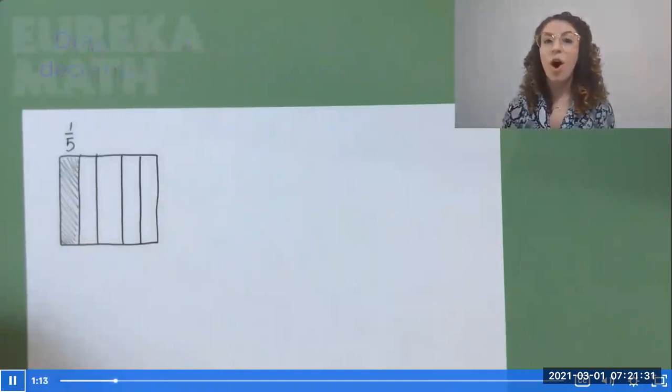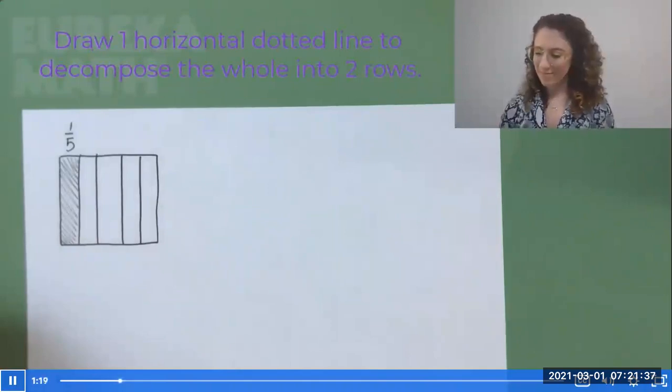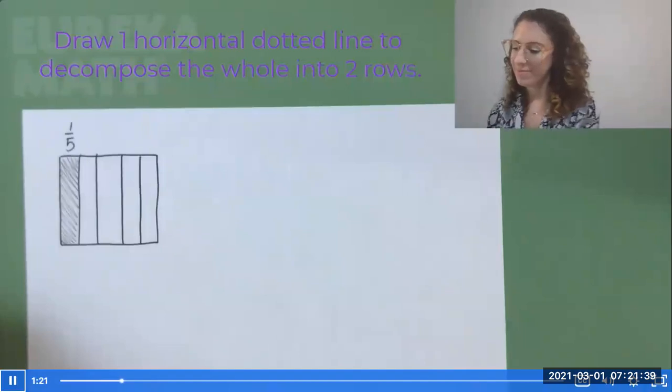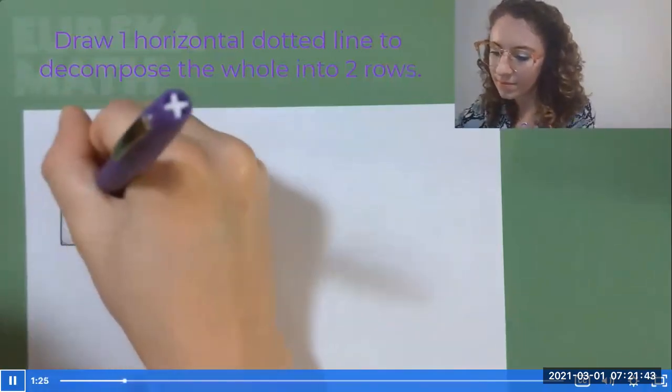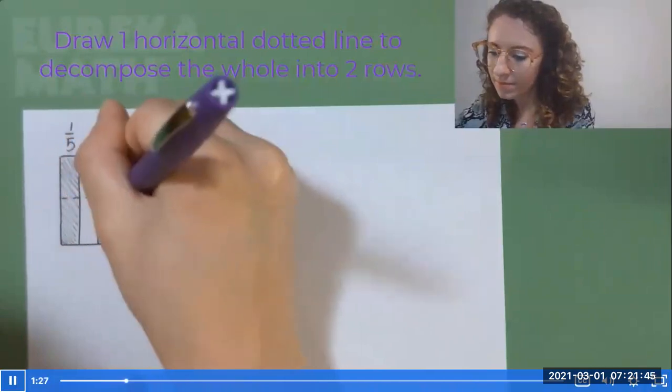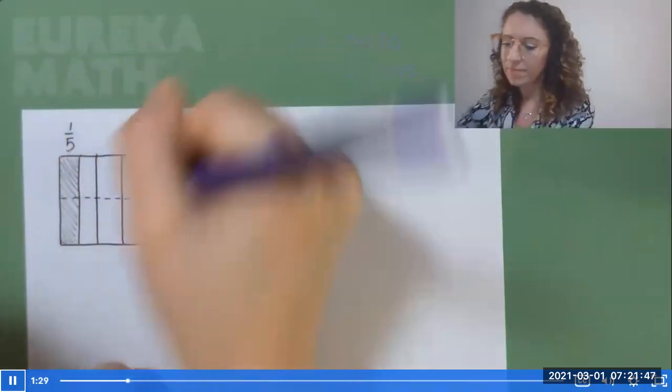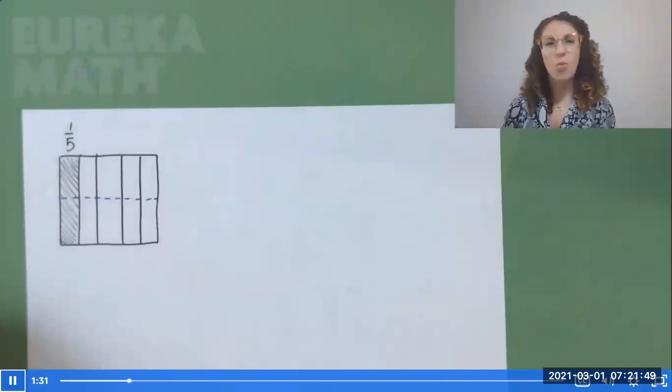Next, draw one horizontal dotted line to decompose the whole into 2 equal rows, like this. What happened? Describe what you see now.